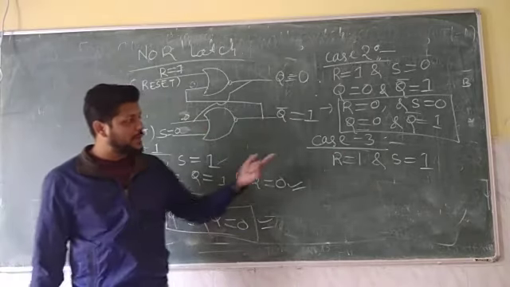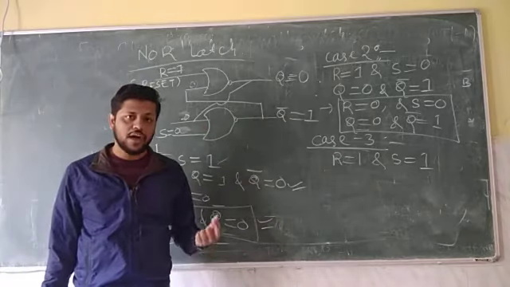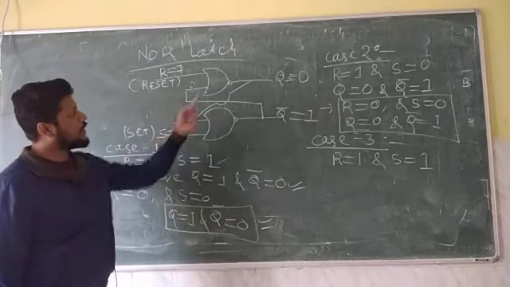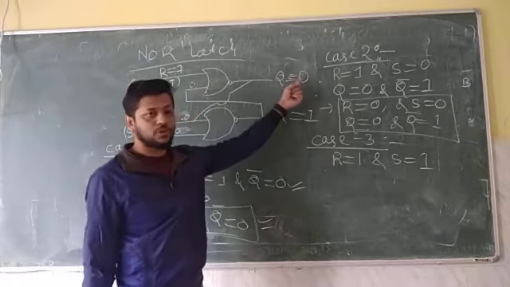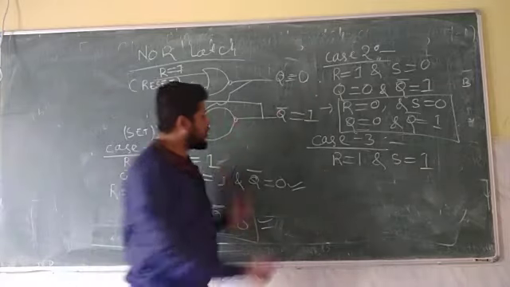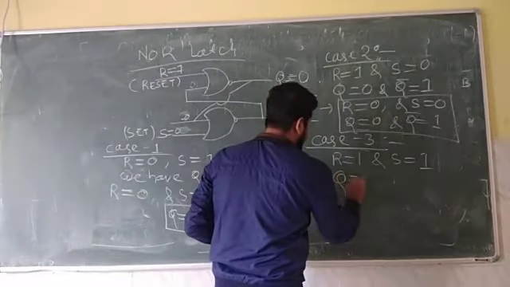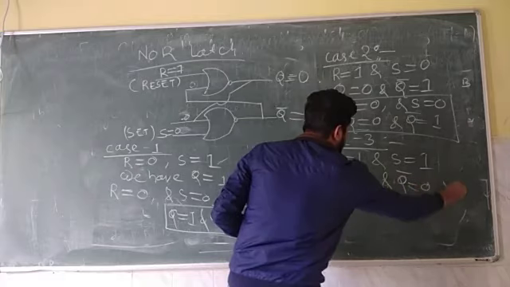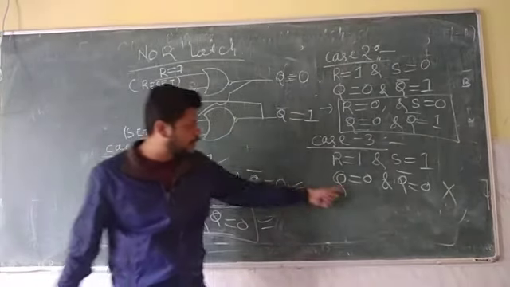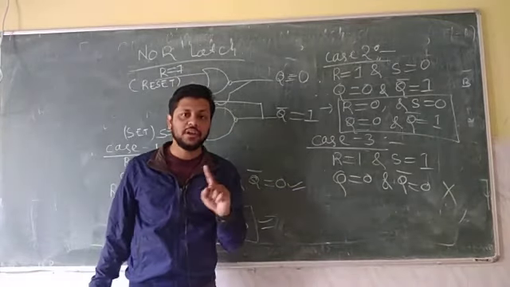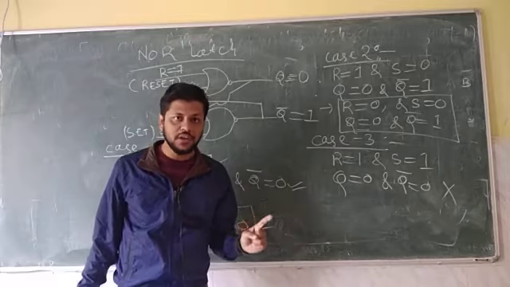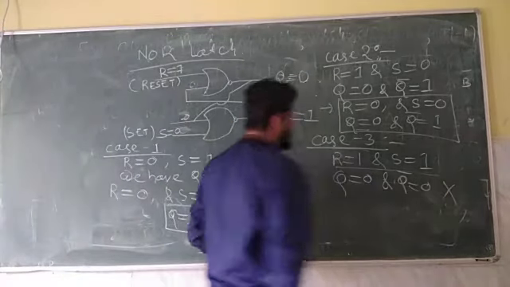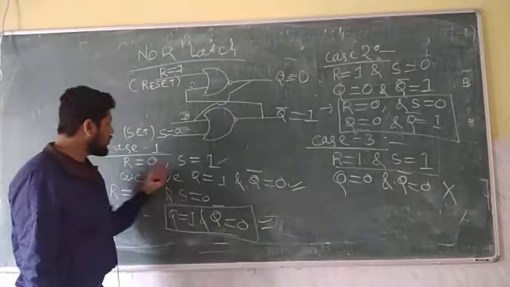So the moment you apply R is equal to 1 and S is equal to 1, you will have Q is equal to 0 and Q bar is also 0. Q is equal to 0 and Q bar is equal to 0, which is not satisfied, because if Q is equal to 0, Q bar must be 1.